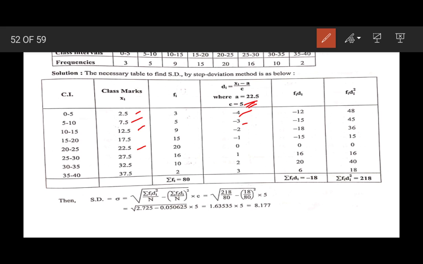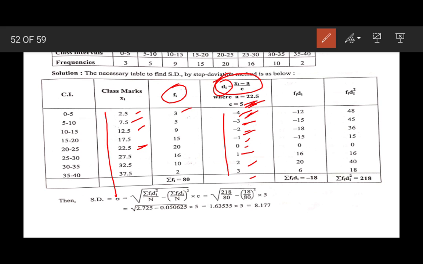Then 12.5 minus 22.5 is equal to minus 10. Minus 10 divided by 5, so minus 2. Hence we will find di for all x values. So we get di values as minus 4, minus 3, minus 2, minus 1, 0, then 1, then 2 and then 3.